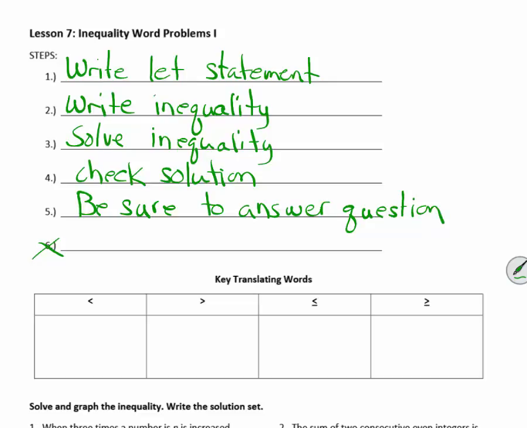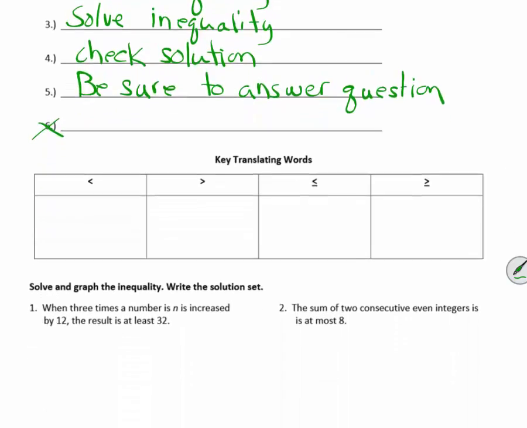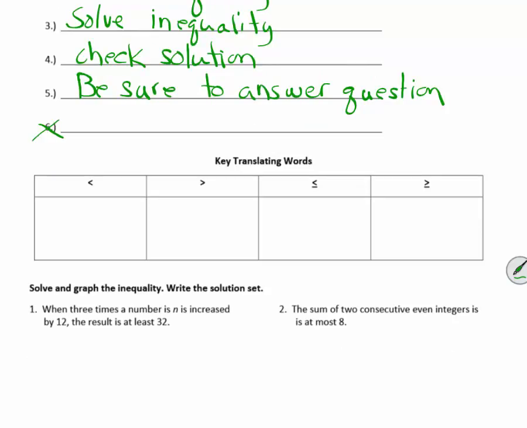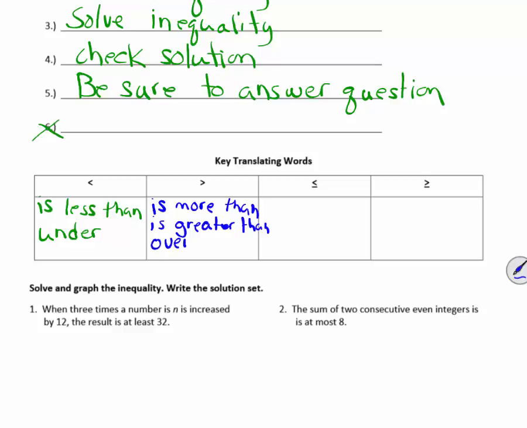Okay, so some words in word problems. We did this when we did our regular word problems for equations, for inequalities. So if it is a less than symbol, you might see in words is less than. It might also say under. For greater than, you might see is more than. It might say is greater than. Over or exceeds. So those are all words that you'll see that are telling you to use the greater than symbol.